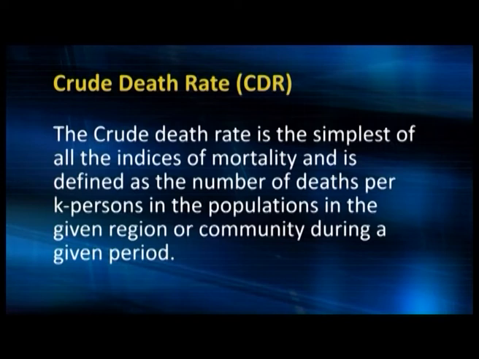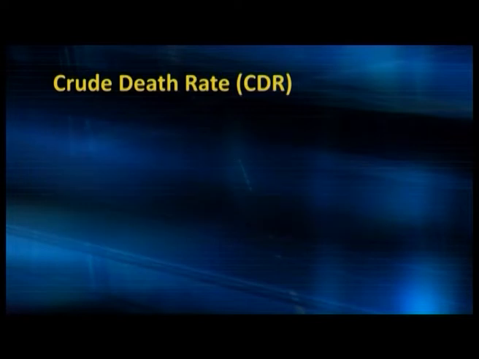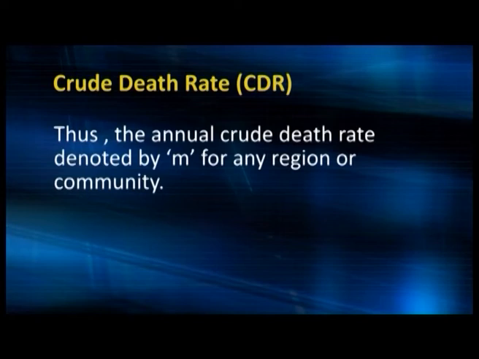The crude death rate is the simplest of all the indices of mortality and is defined as the number of deaths per K persons in the population in a given region or community during a given period. Thus, in particular, the annual crude death rate is denoted by M for any region or community.